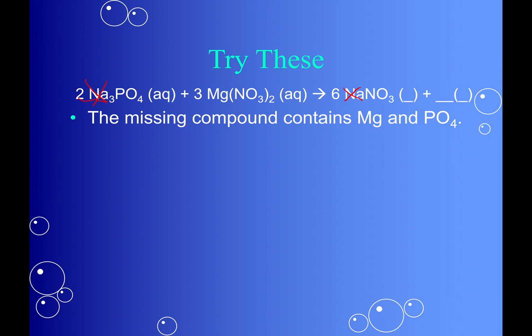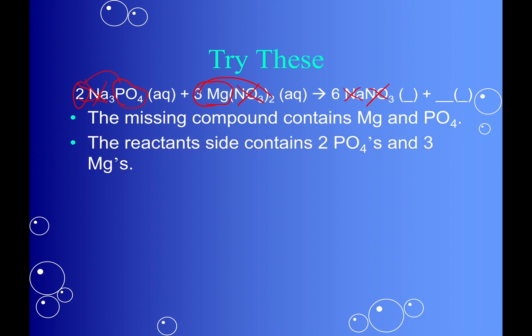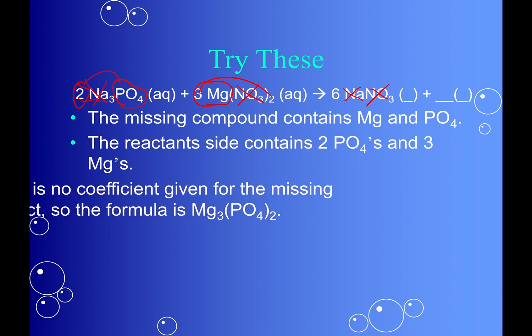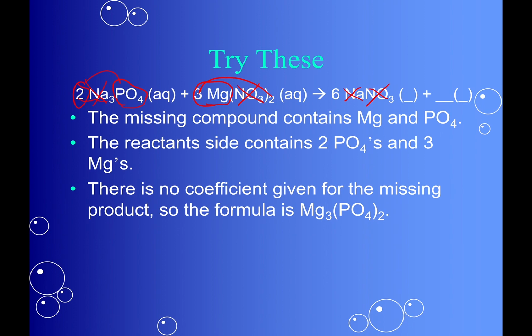We have 6 nitrates, 2 and 3 here would be 6 nitrates, which means we're left with 3 magnesium and 2 phosphate. We use the coefficients in the reaction in order to determine that. Now, since we're not given a coefficient there, we're going to assume that we're just going to use the numbers that we're missing, and that'll count as our formula.